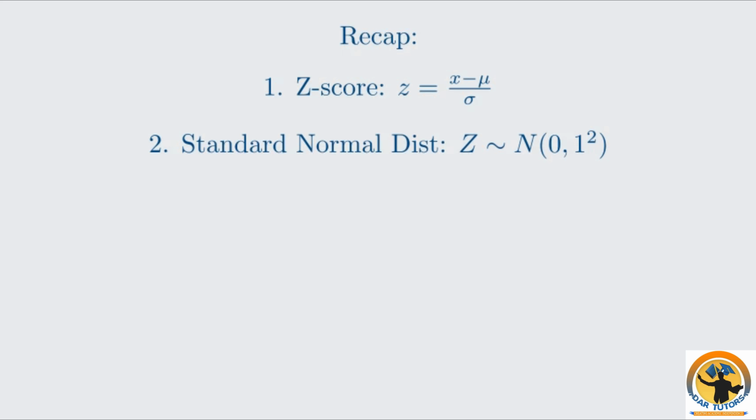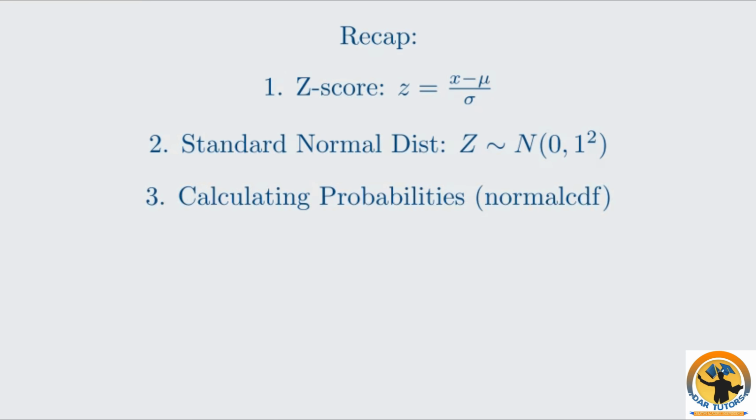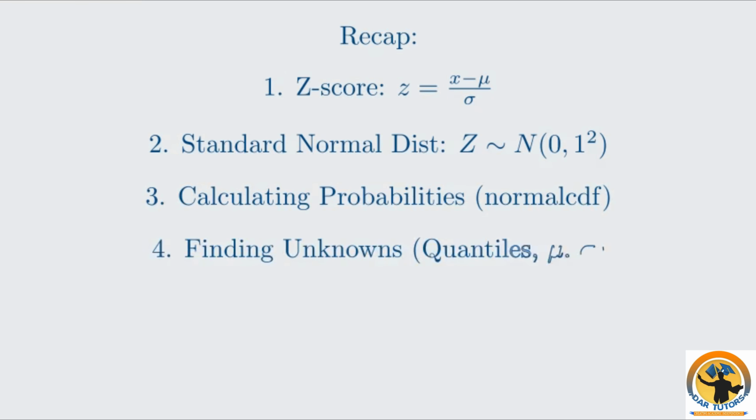This standardization allows us to use a single tool, a calculator's normal distribution functions, to solve all types of problems involving normal distributions. We covered 3 key applications: finding probabilities from x values using normal CDF, finding x values from probabilities using inverse norm, and the more advanced technique of finding unknown means or standard deviations by setting up simultaneous equations.